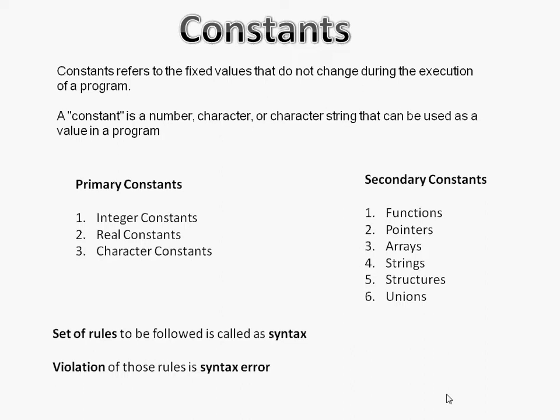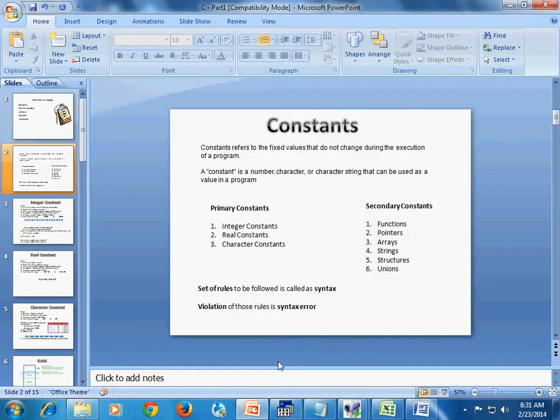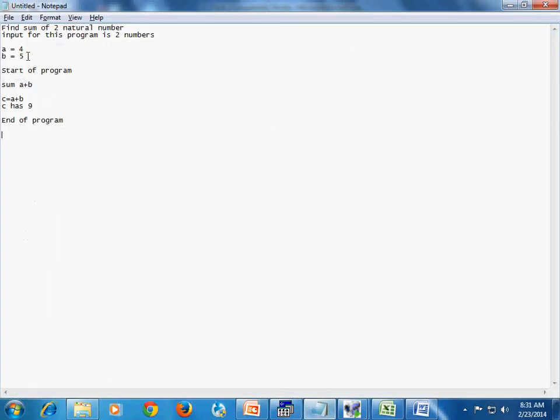So violation of those rules is called a syntax error. In primary constant, we have three different constants: integer constant, real constant, and character constant. In our example, we have seen one of the scenarios of integer constant.